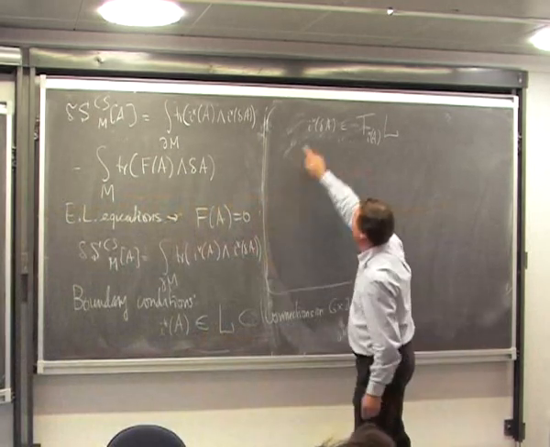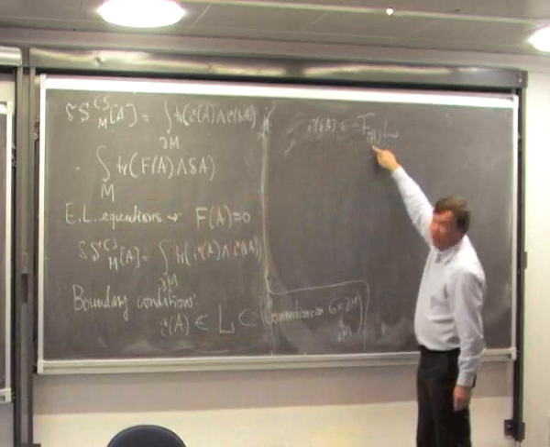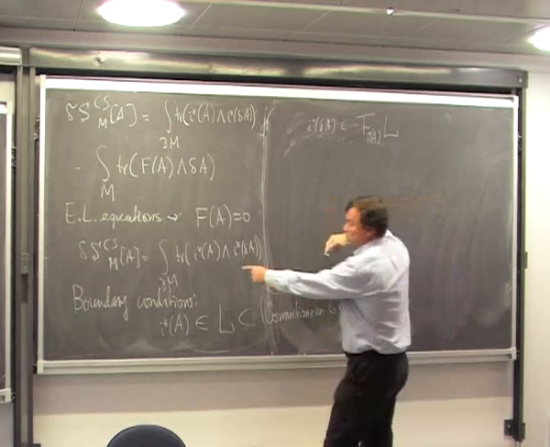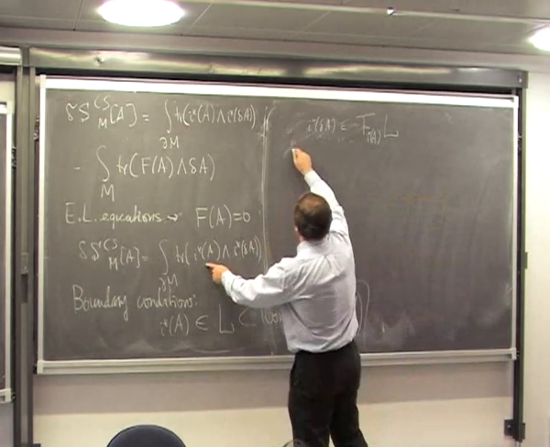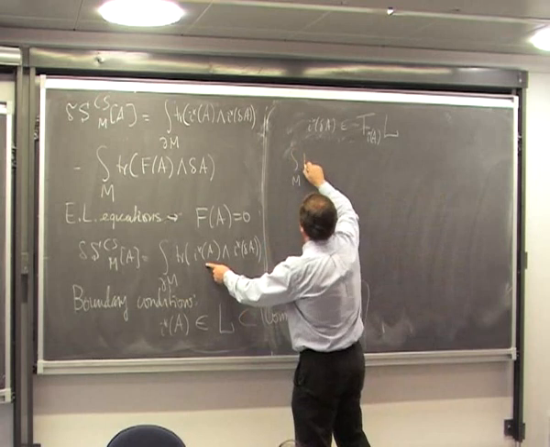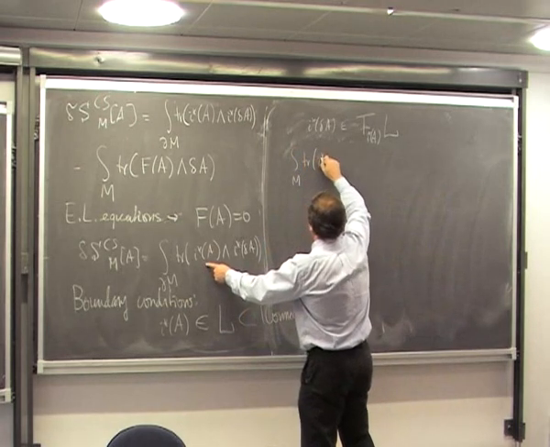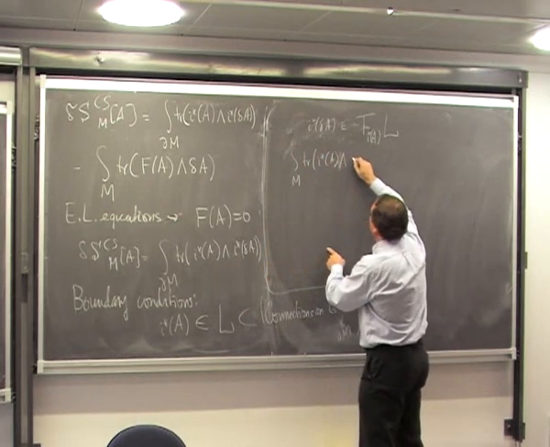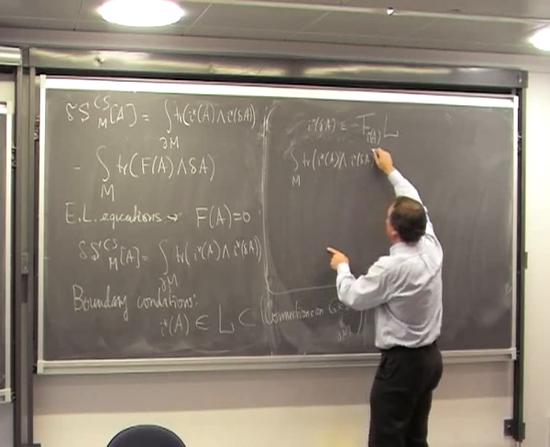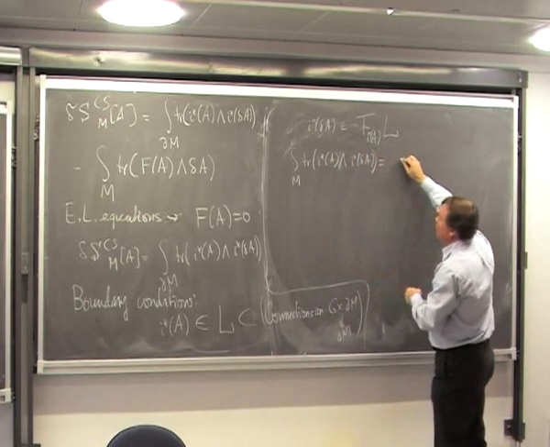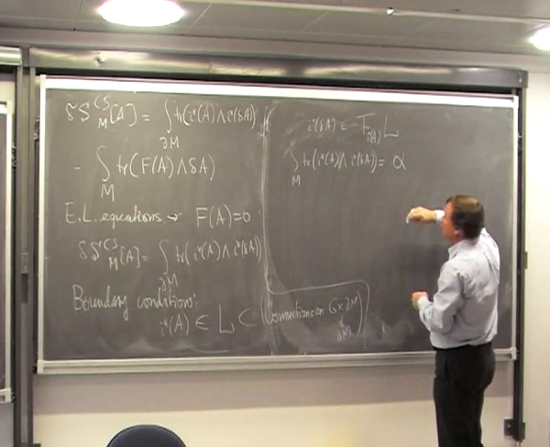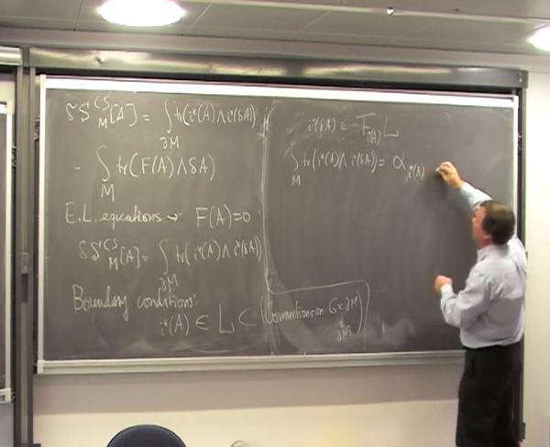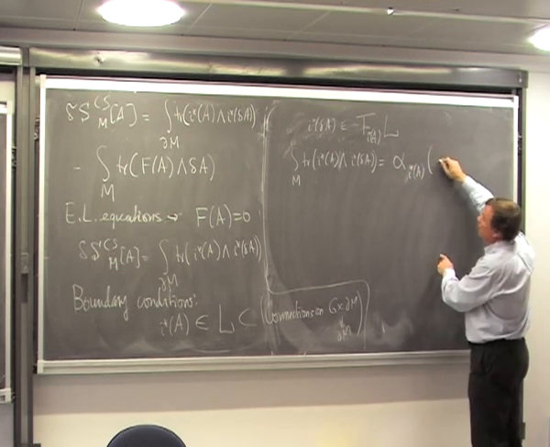Now, what's written here is the tangent vector to L at the point i star A. And so, what's written here can be thought of as the integral over M of i star A, the value of the one-form alpha at the point i star A, on the tangent vector.